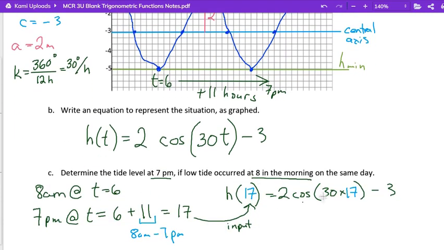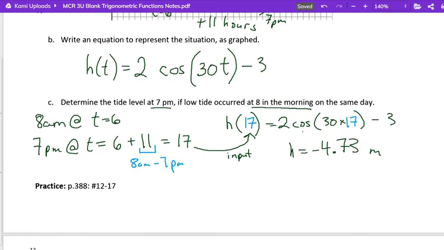So pop this into your calculator. What do we get? -4.73. Does that make sense? -4.73 meters? What does that mean? Why do I have a negative answer? We are talking about a minimum height.